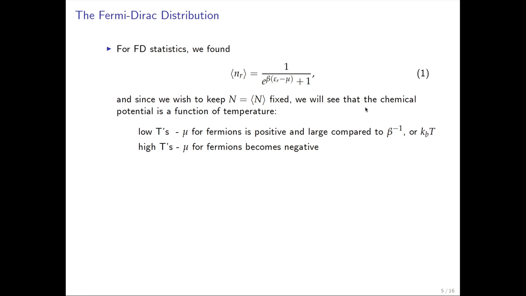What we'll find, and explain in more detail, is that at low temperatures, mu for fermions is positive and large compared to kBT. And for high temperatures, mu for fermions will become negative.